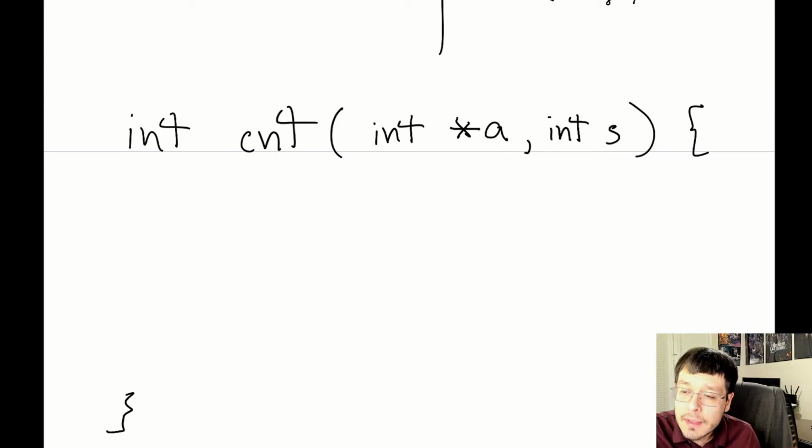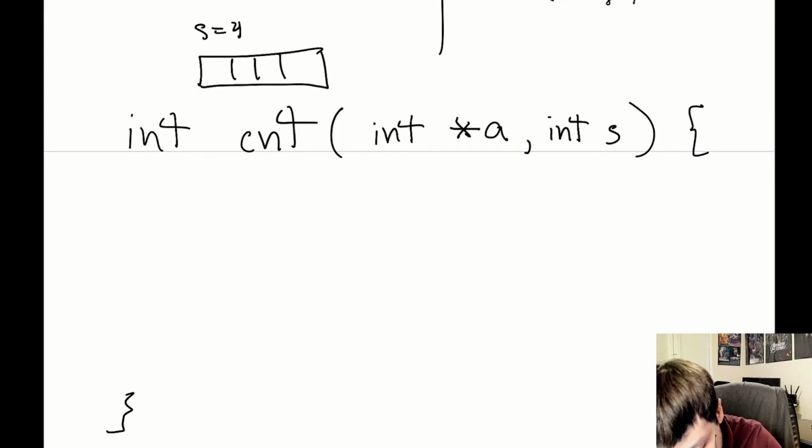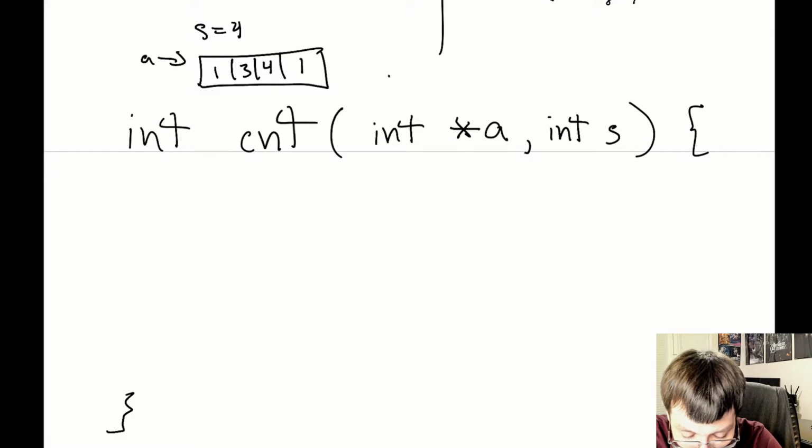Given the size of the array, I want to basically count the contents of the array. So if I have an array of size 4, and maybe this has a 1, a 3, a 4, and another 1, what I want to get back from this is basically a 9, right?